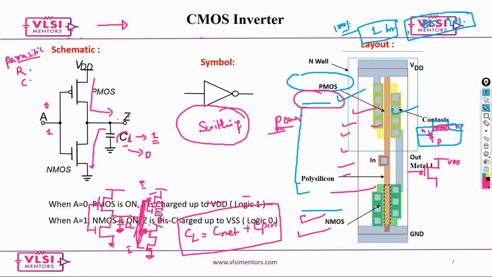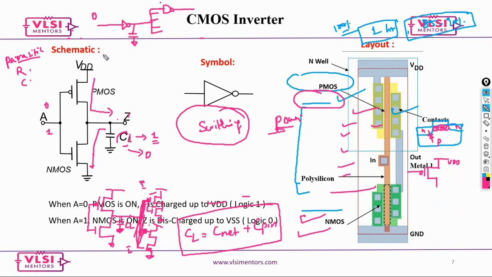Now, when you say the CL, your load is basically going to depend on the number of fan outs and how long this wire is routed. Assuming it is going to a NAND gate here, now look at here, you give 0. What will be the input to this NAND gate?